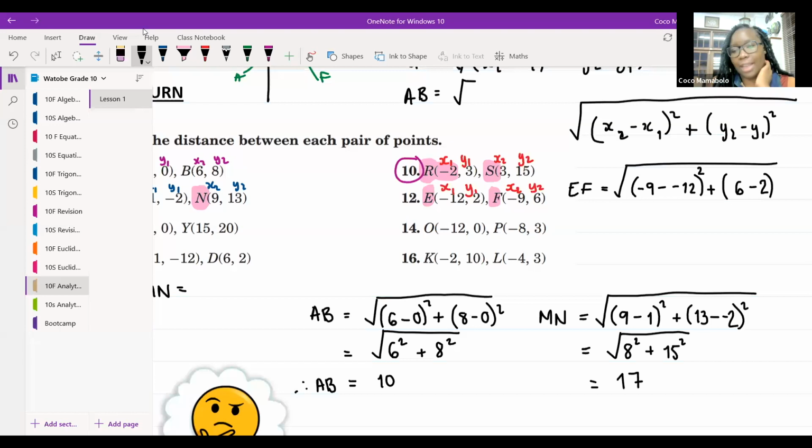That's it, square. All right, now we're going to clean it up just a little bit. Do you agree with me that a negative and a negative will give us a positive? So this is going to be positive. Can you tell me, Nolwazi, what is negative 9 plus 12?